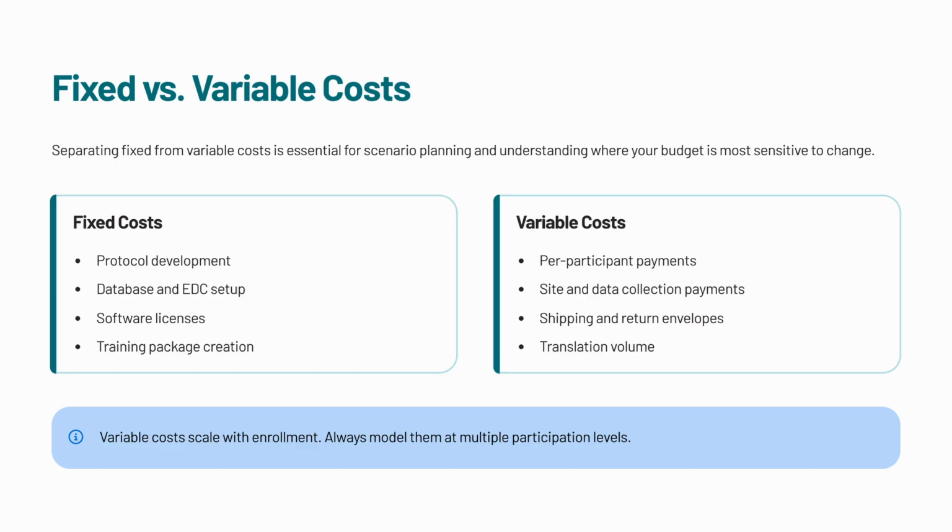This distinction matters because variable costs are where budgets can shift quickly. If recruitment doubles, these costs may double too. If recruitment is slower than expected, some costs may fall, while staffing costs may increase because the trial takes longer. This is why fixed and variable costs are central to scenario planning, which we will come back to later in the module.